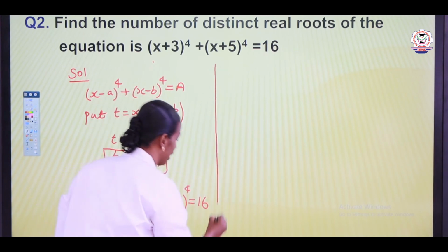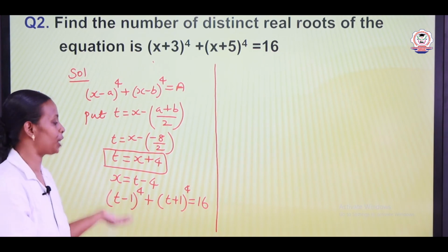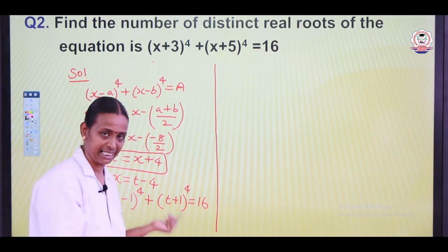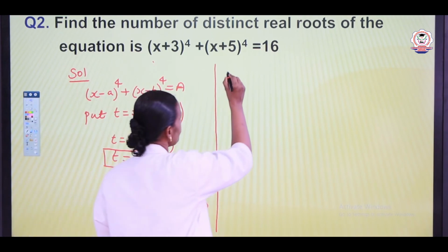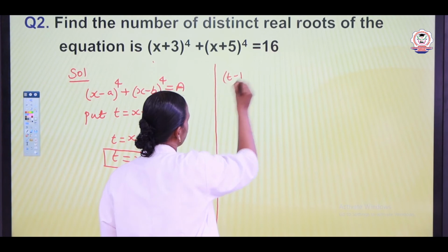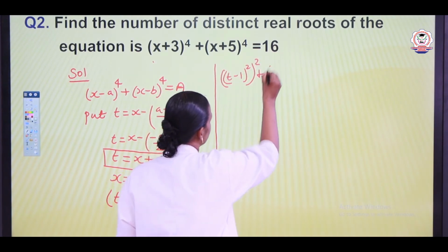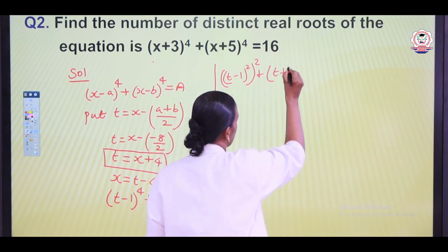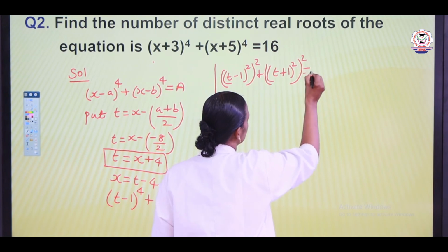Now, it is easy to find the solution. This is nothing but ((t minus 1) the whole square) the whole to the power of 2. In a similar manner, this is nothing but ((t plus 1) the whole square) the whole to the power of 2. So, ((t minus 1) square) square plus ((t plus 1) square) square equal to 16.